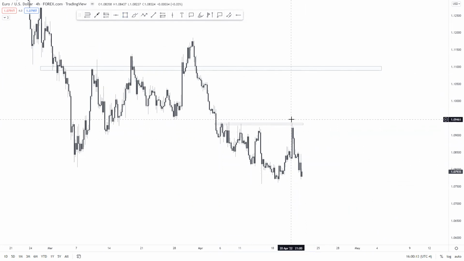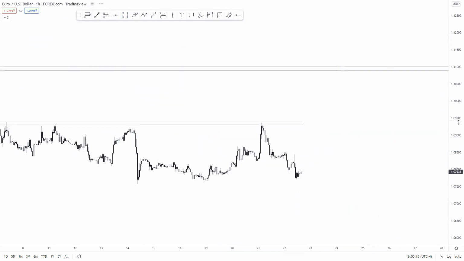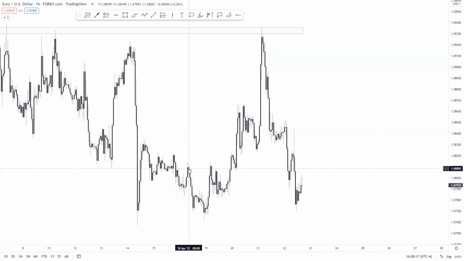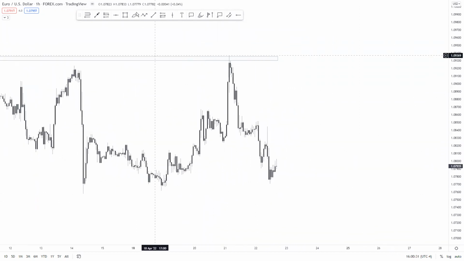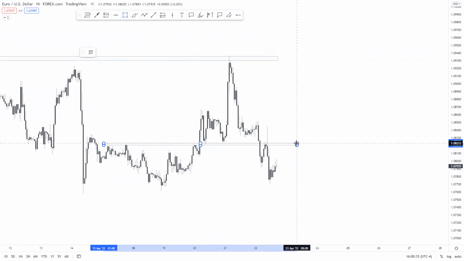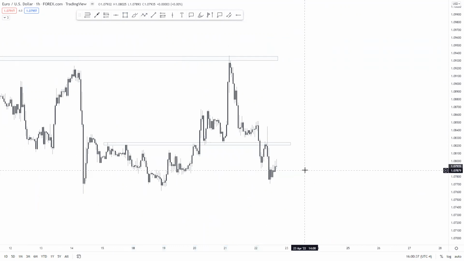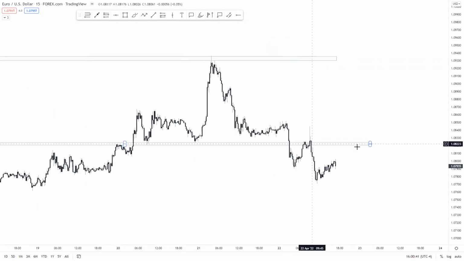Now, after this giant push up on the hourly, we had some breaks of structure, but we broke back down.